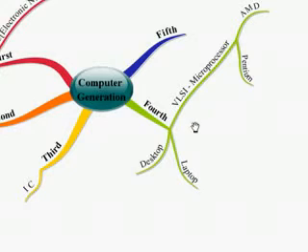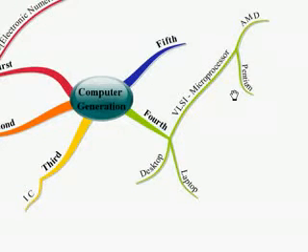And after the third generation, the fourth generation comes with the development of large scale integration ICs, very large scale integration ICs, even ultra large scale integration ICs. The integrated circuits were made small in size with more circuits and more components in them.